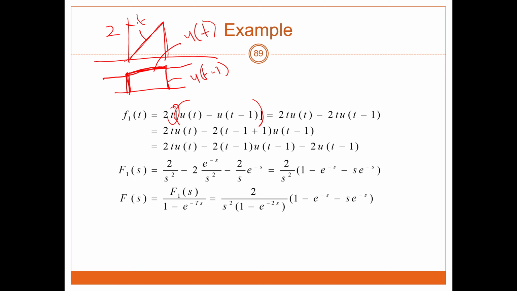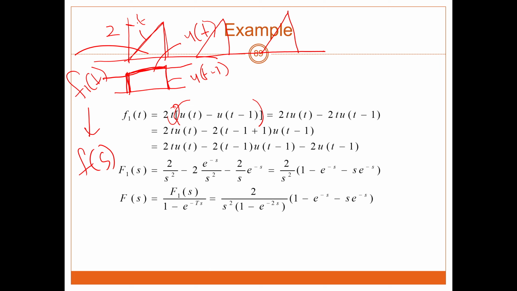Since it has more functions periodically, we will find the first one only, f1(t), and make it F(s).